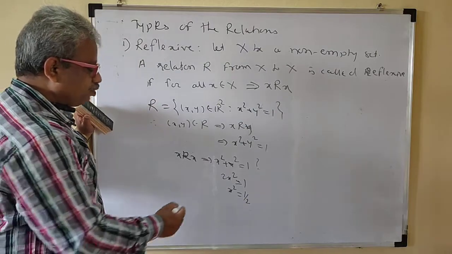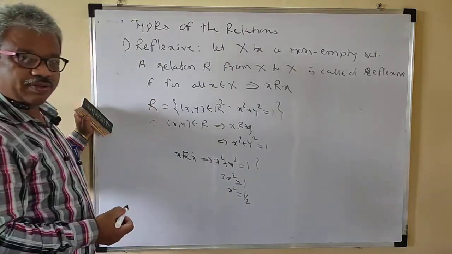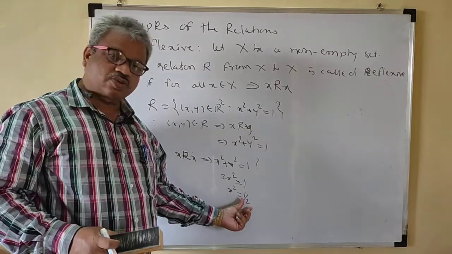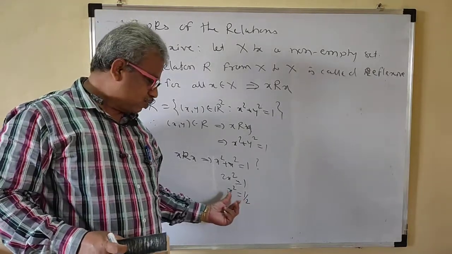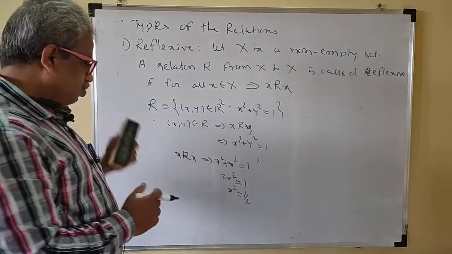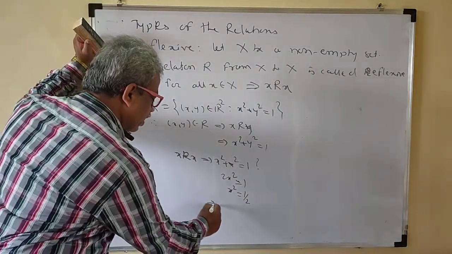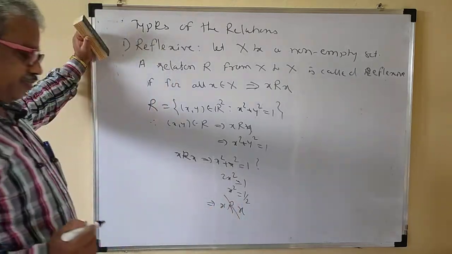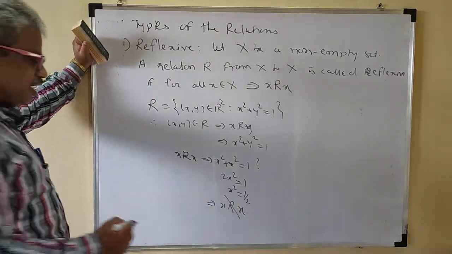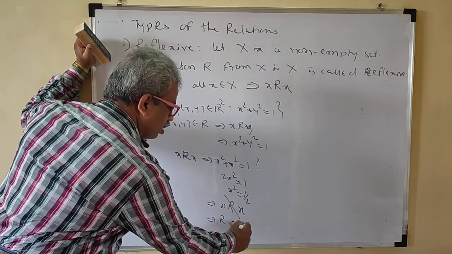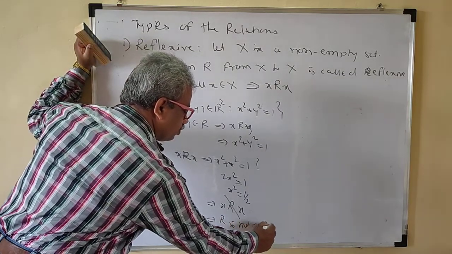That means the square of every real number would have to be half. So this implies that x is not related to x. Therefore, R is not reflexive.